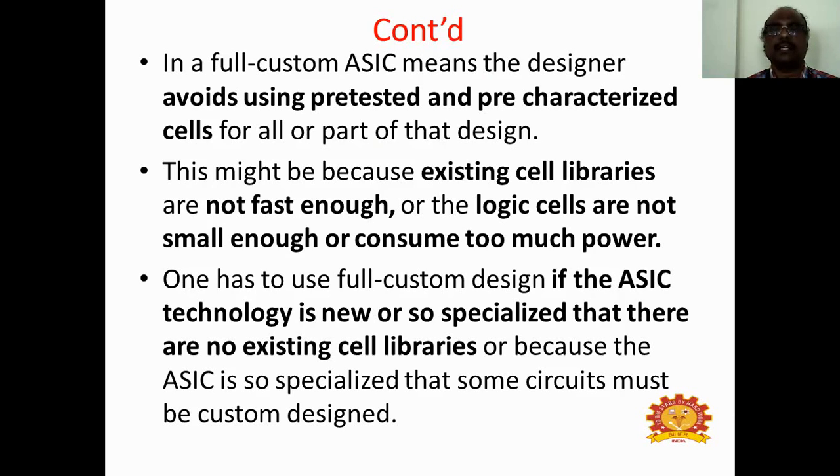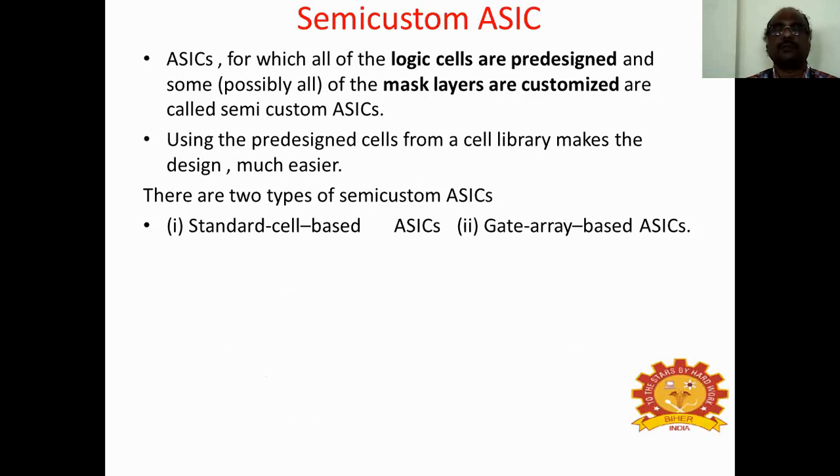When I move on to the next generation of the microprocessor, I will definitely have to go for a full custom integrated circuit approach, because the logic cells will be totally different and I cannot use the existing cell libraries, which may also consume too much power. So I have to create new cell libraries in order to design. This type of approach is called a full custom integrated circuit.